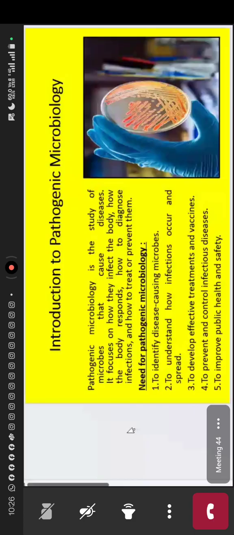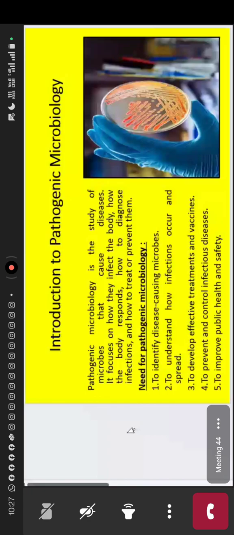The need for pathogenic microbiology is that it helps identify the disease-causing microorganism, understand how infections occur and spread, develop treatments and vaccines, and prevent and control infectious diseases.